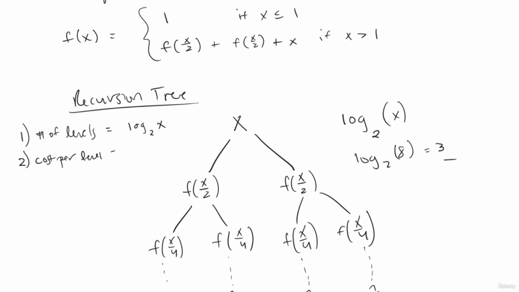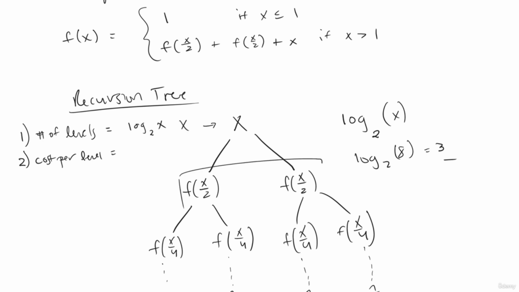What this means is, let's look at this level right here, at x. How much actually gets returned right here is just x, because the rest of this gets solved down here. And so the total cost here is x.